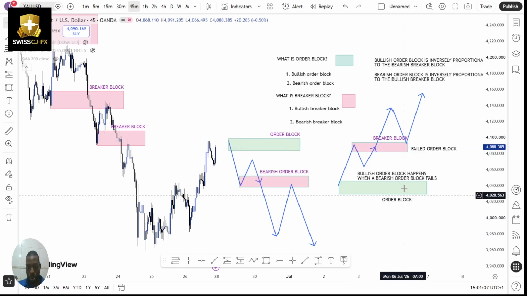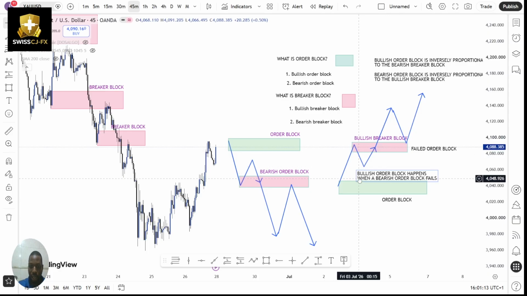So this order block is stronger than this order block here. All right, so because of that, the price coming from this order block, which is stronger than this other block right here, broke it. So price couldn't hold it. It couldn't make it fall towards this place. It couldn't make it come down, right? So because of that, price actually now broke, and here is now a failed order block.